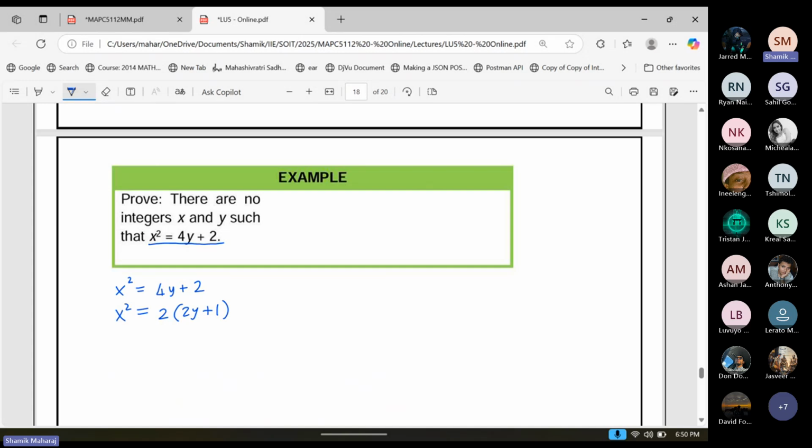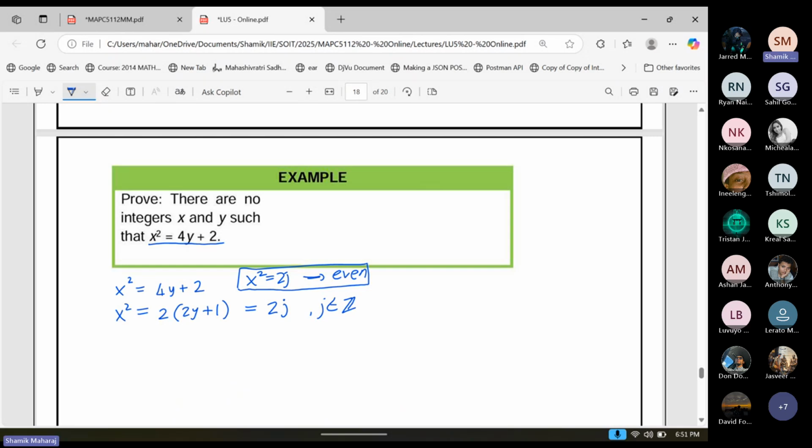So if y is an integer, this is actually 2 times, let's label it j, where j is some integer. So that means x squared can be written as 2j, which we know is even. So that's our first little bit of information we can get from the form of this equation.